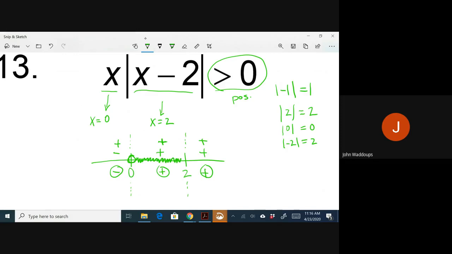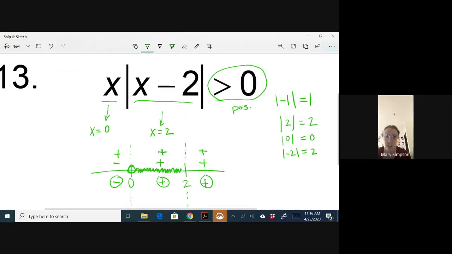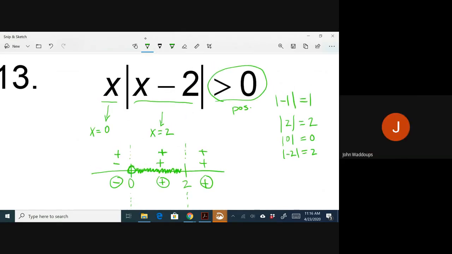I'm going to pause here for just a second to ask myself, what happens at 2? Will that be closed? Well, at 2, I'd have 2 minus 2 inside the absolute value brackets. Outside here I have 2, and inside here I have 2 minus 2. What's 2 minus 2? That would be 0.